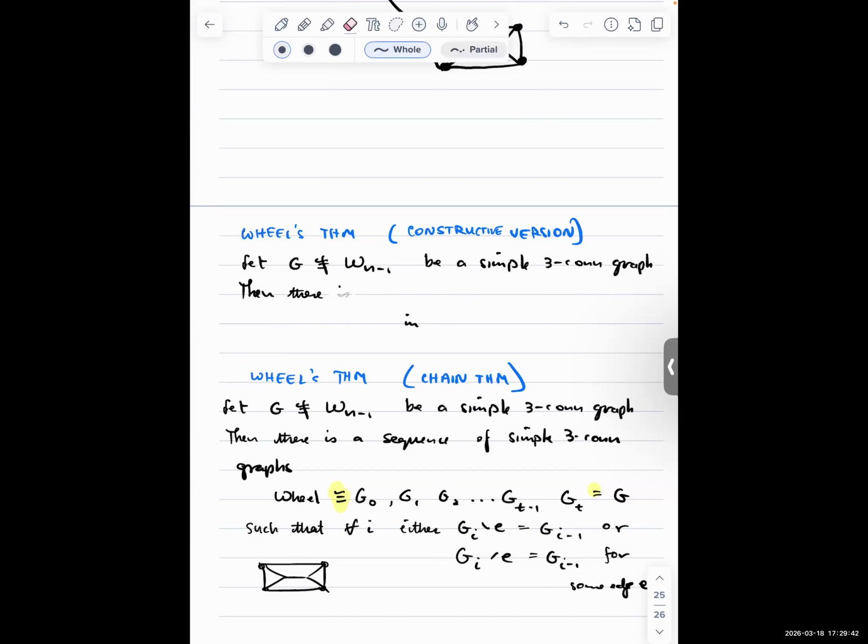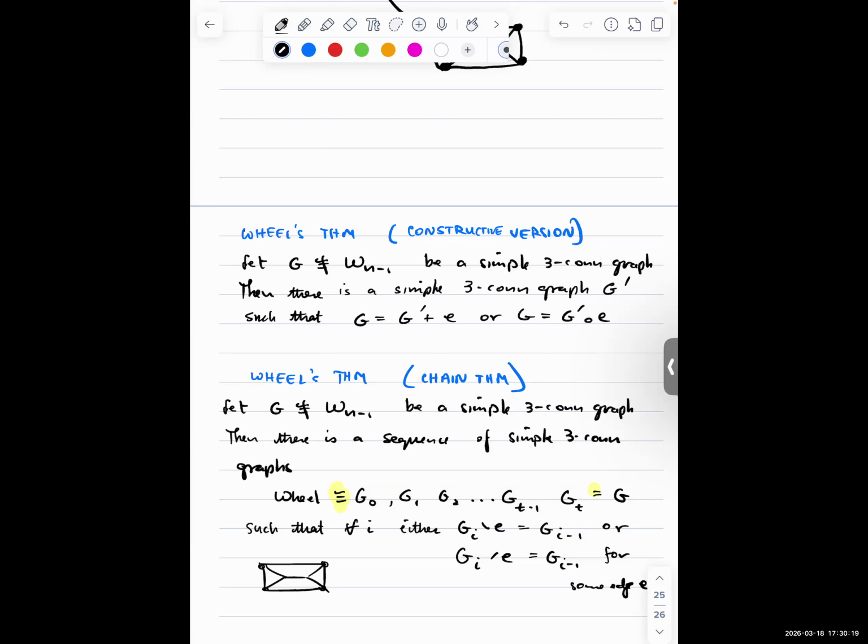We'll say it this way: G dash such that G is G dash plus E, or G is equal to G dash dot E. All right.